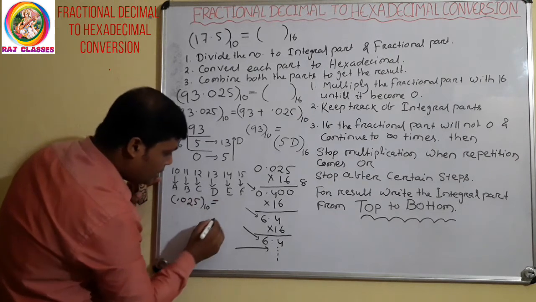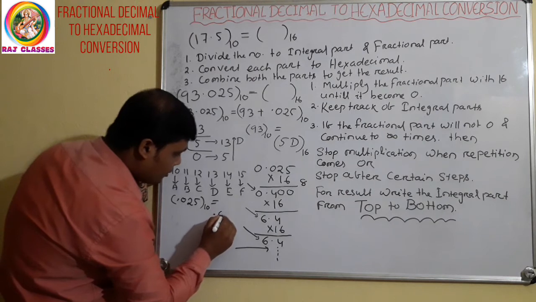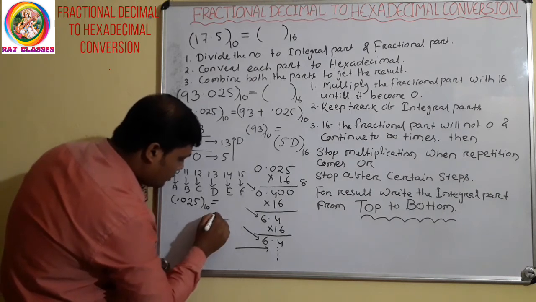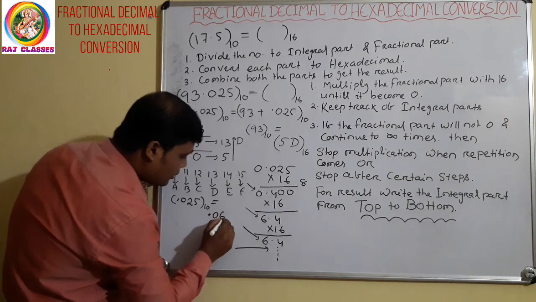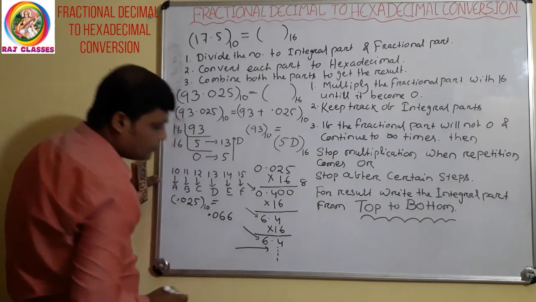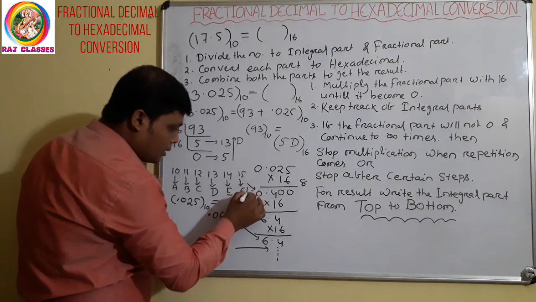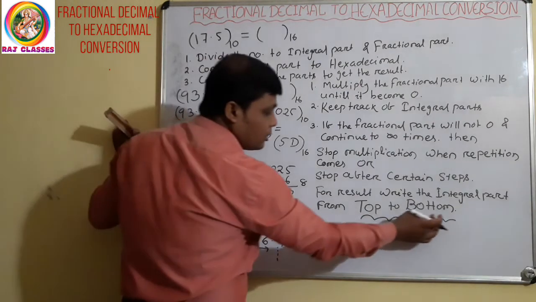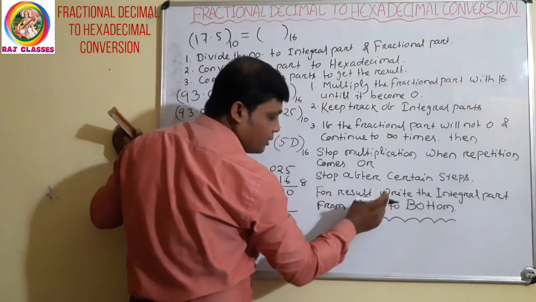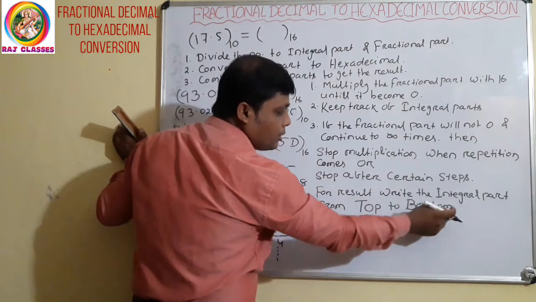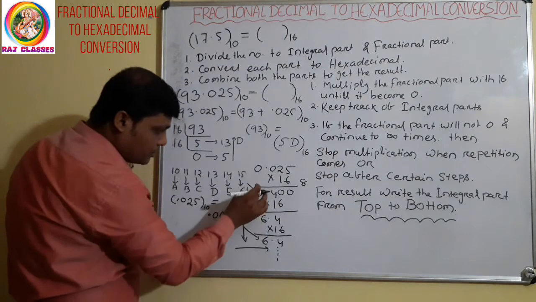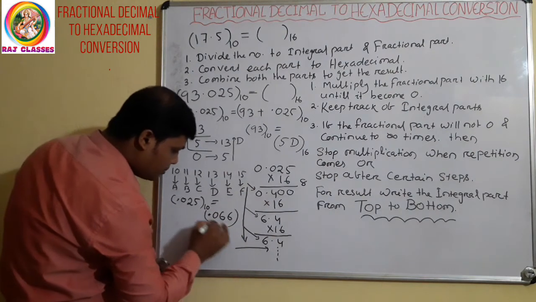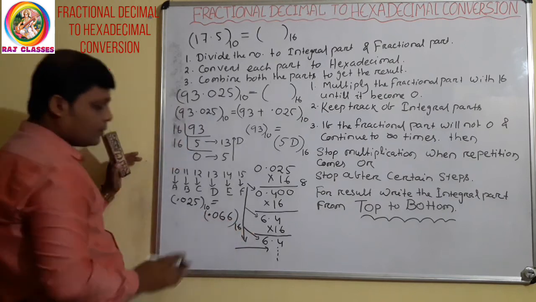It will be 0.066, because we have to travel from top to bottom. 0.066 is base 16.